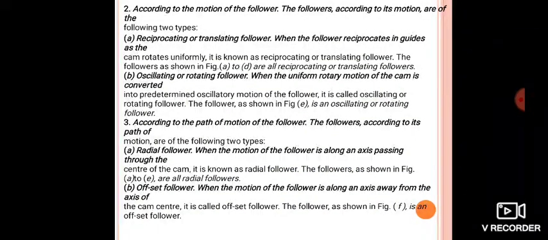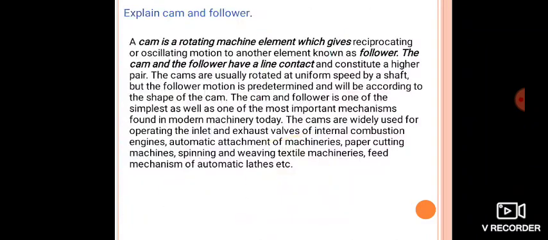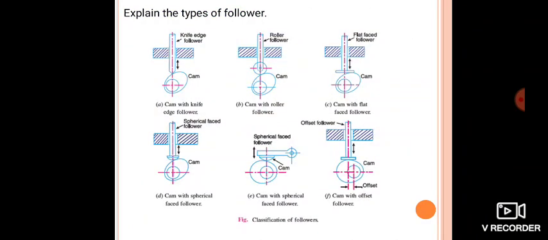Then the third type, according to the path of the motion of the follower. It is further divided into two types: radial follower and offset follower. If the central axis of the cam and the follower is the same, it is called radial.